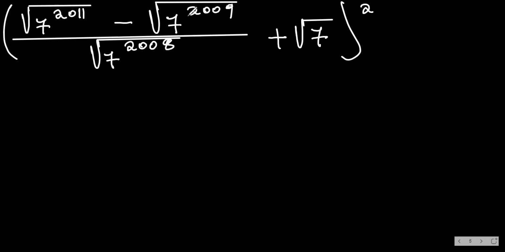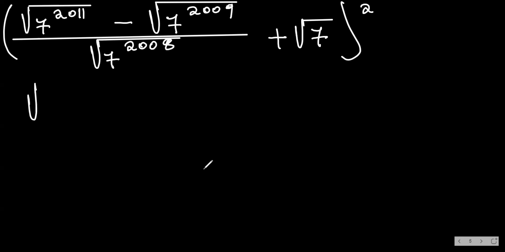Let us write this one in terms of 2008 as well as this one in terms of 2008 so that those with 2008 can cancel out. What am I saying? Let's go.